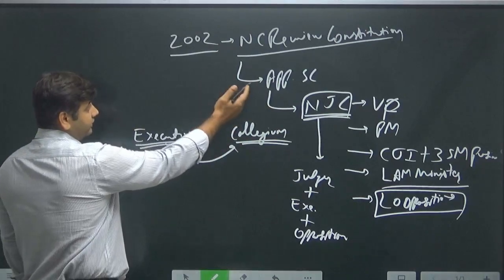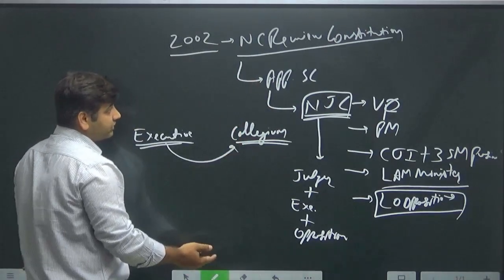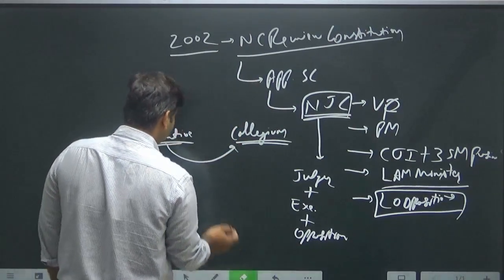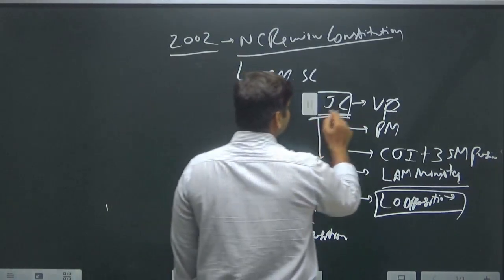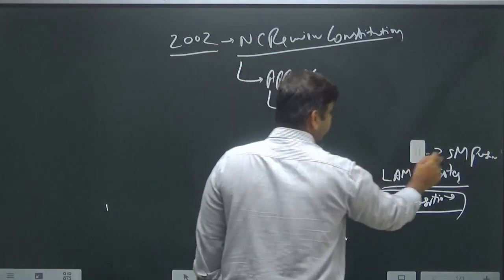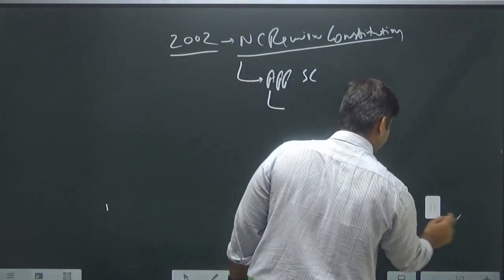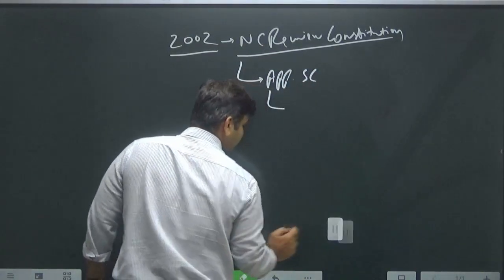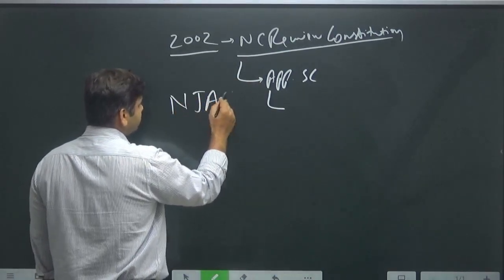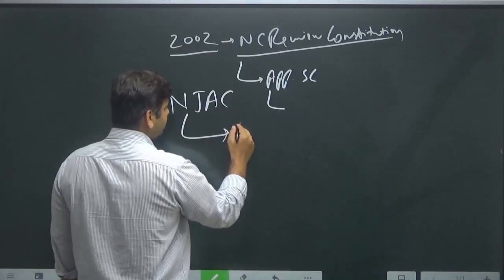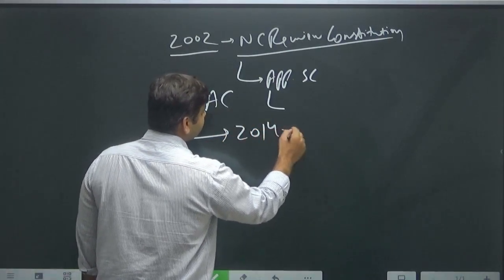Acting on this recommendation of the National Commission on the Review of the Constitution, the government came up with the National Judicial Appointments Commission Act, the NJAC, in 2014.